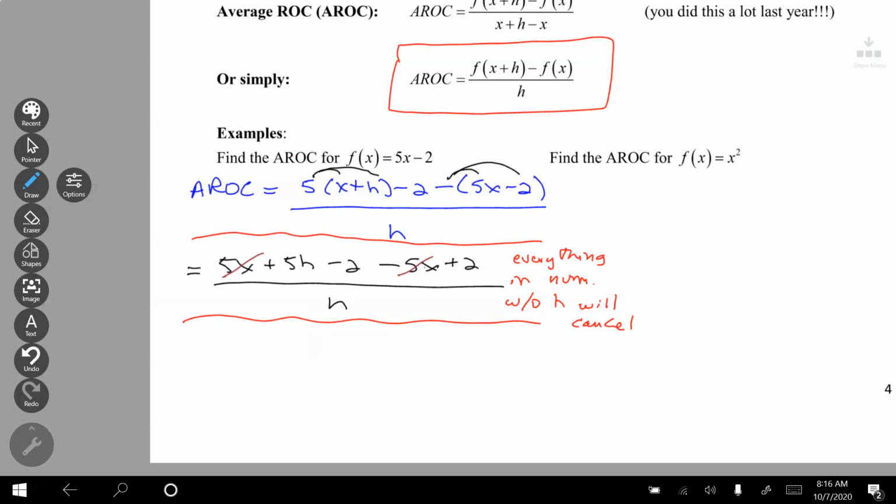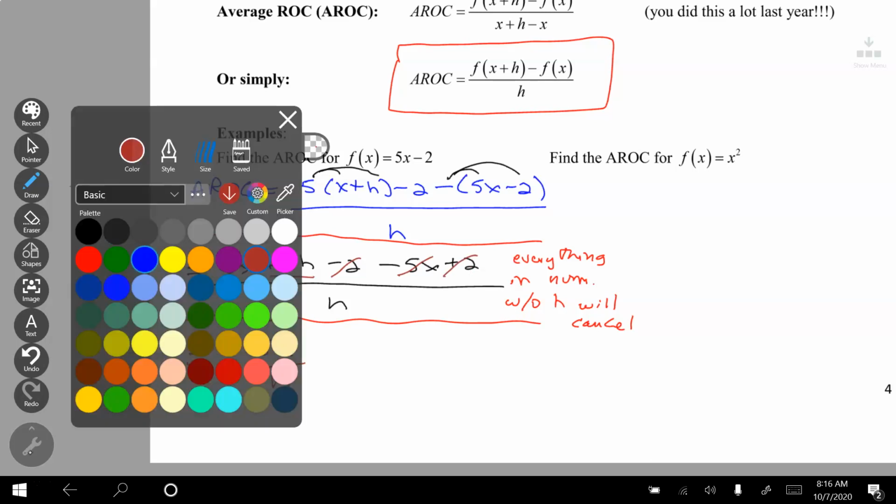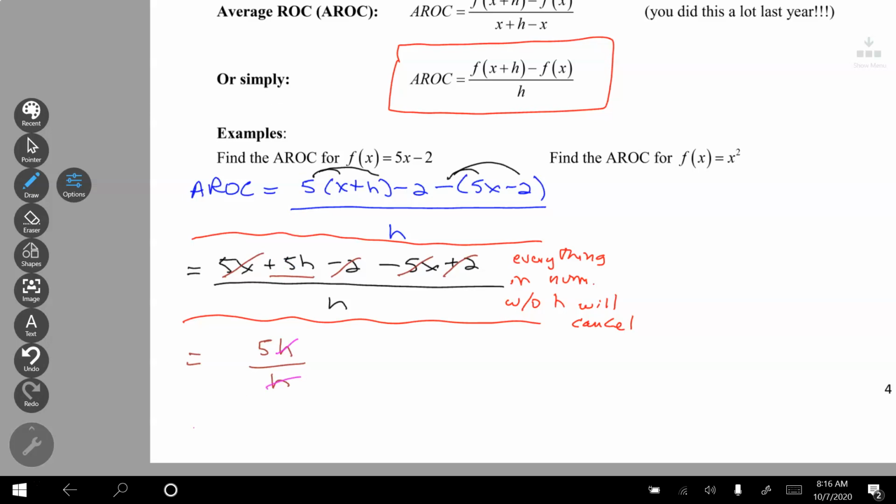No, here's its buddy. No, h stays. No h, cancel, it's got a buddy. And now I have 5h over h, and the h's cancel, so I get my average rate of change is equal to 5. I knew that at the beginning, because this function is a linear function with a slope of 5, and another word for average rate of change is slope.